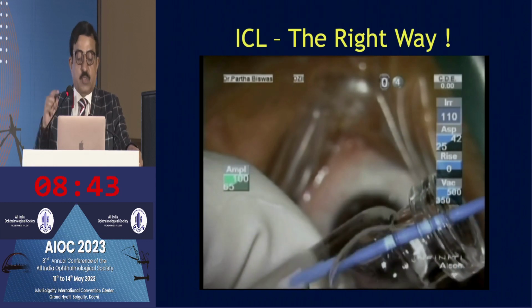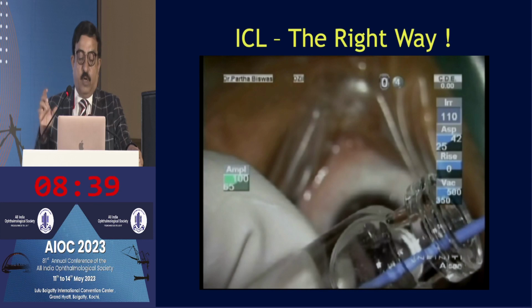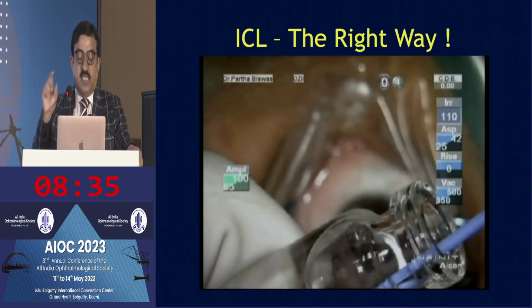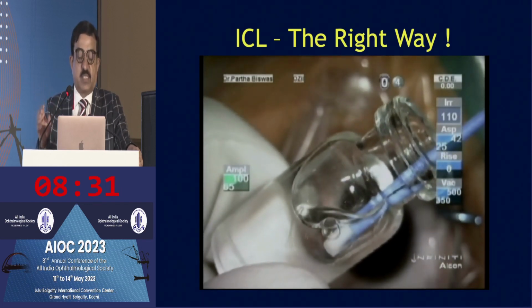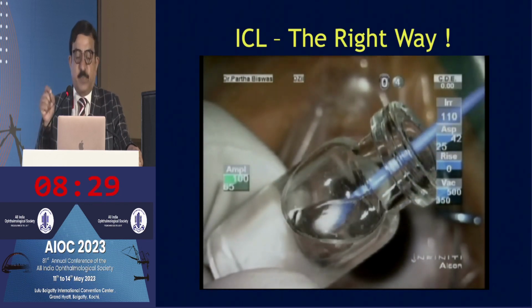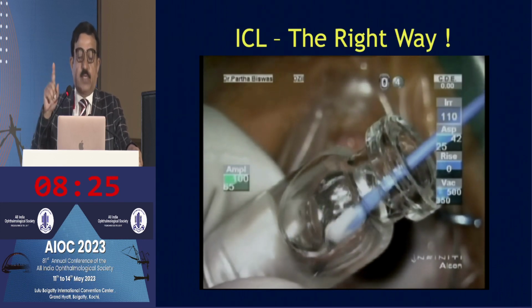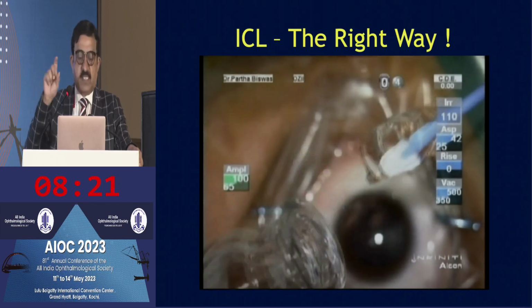So the next thing is removing the ICL from this container, and the container is in BSS. This ICL is not going to expand in its dimensions once it is placed in the eye, which means that once it is placed in the eye, the next day itself, you can understand whether the vault is more, less, or optimal.